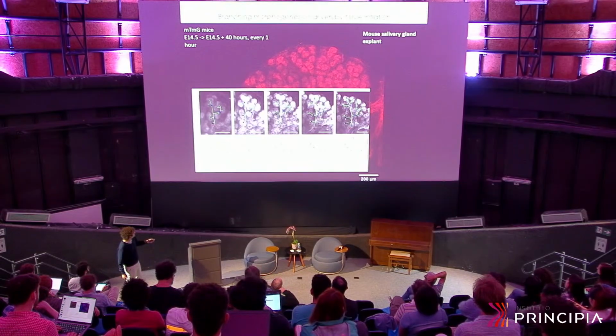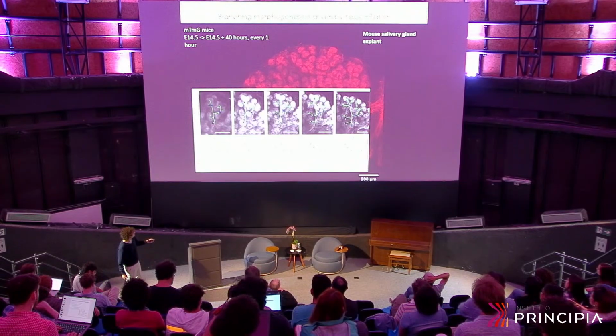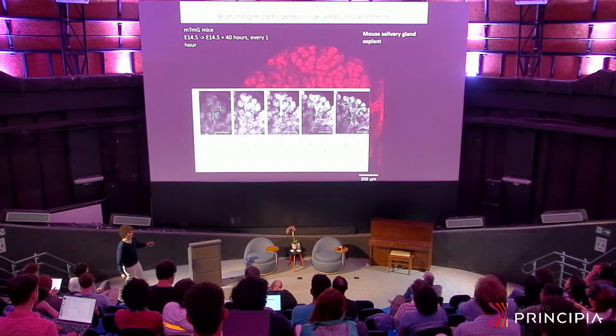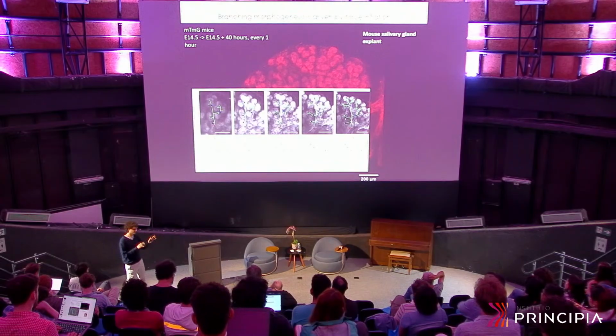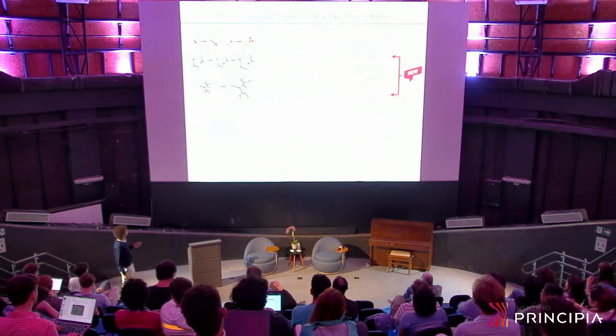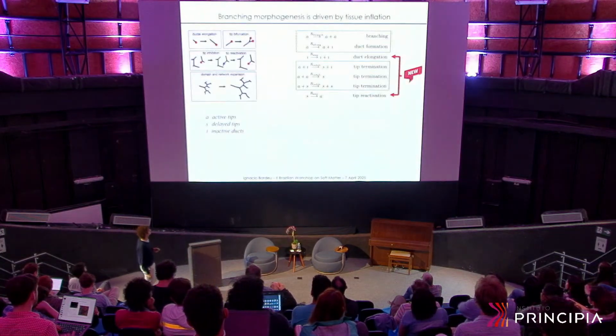Actually, they produced 1, 2, 3, 4 new ducts, while tips that were in the periphery, those are the blue ones, they produced very large structures of ductal structures, right? So this somehow confirms the idea that submerged tips can continue proliferating, but at a lower rate than those at the periphery.